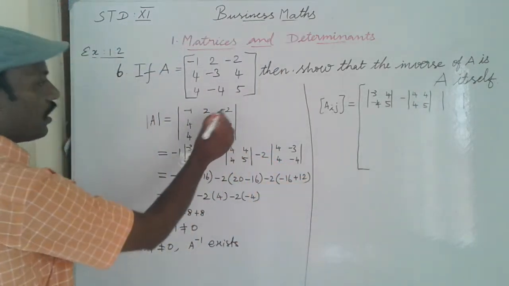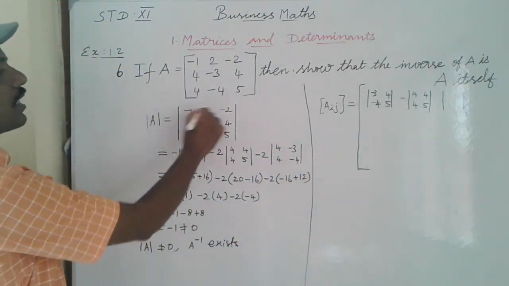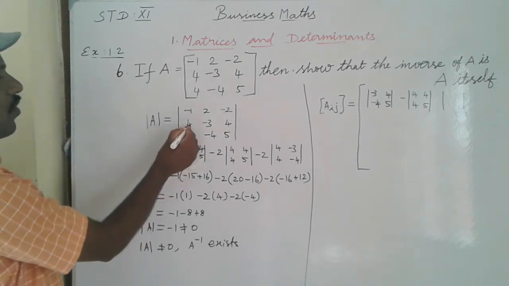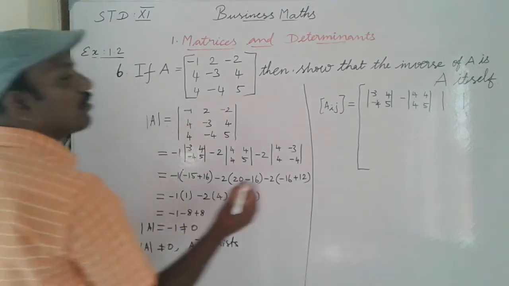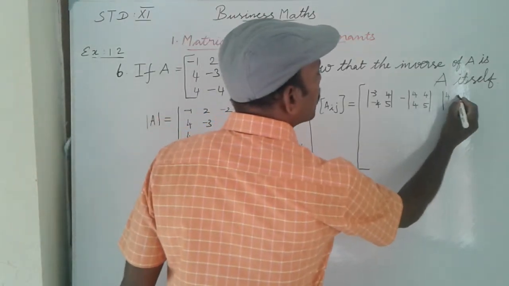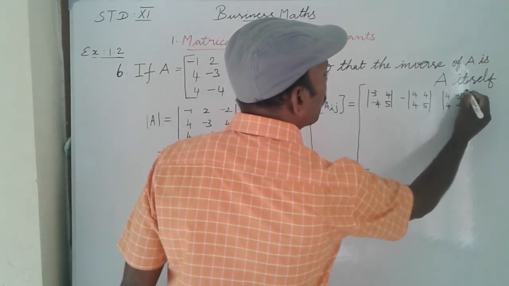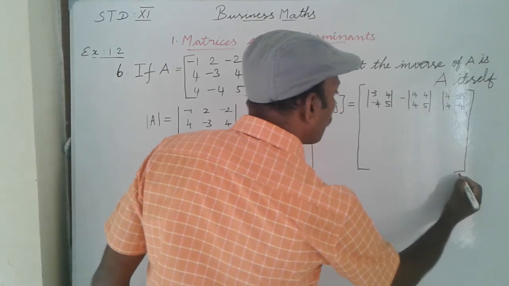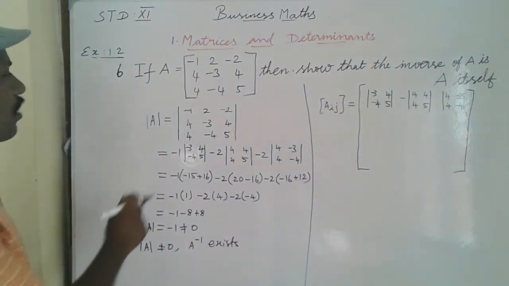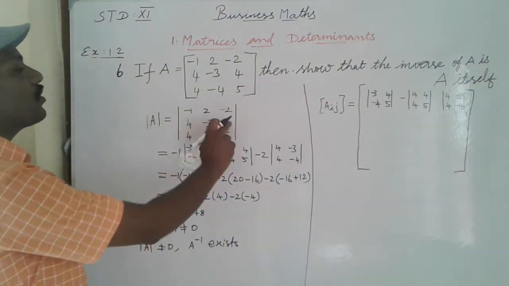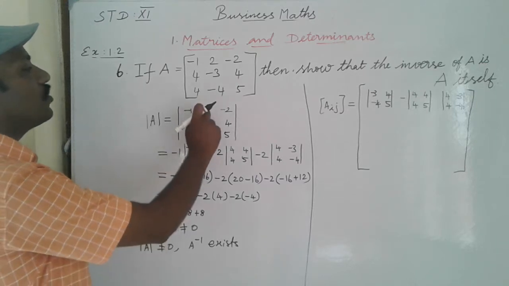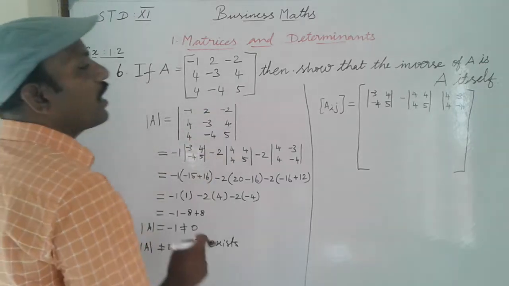Next, the cofactor of minus 2, with the remaining row and column elements 4, minus 3, 4, minus 4. Next, the cofactor of 4, with the remaining row and column elements 2, minus 2, minus 4, 5.